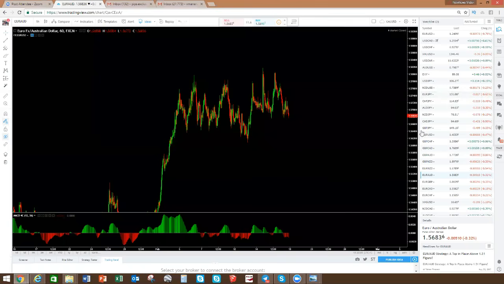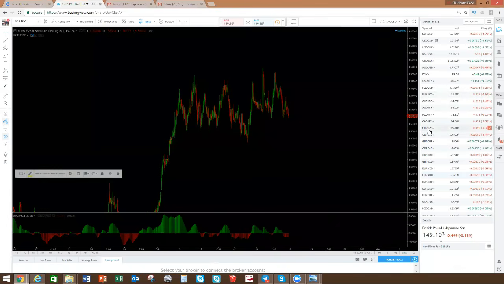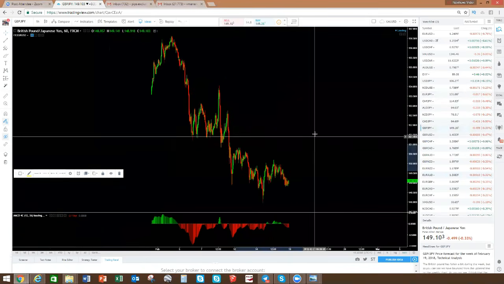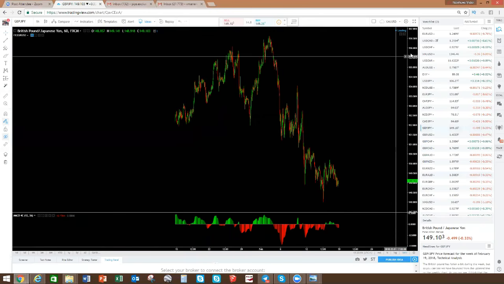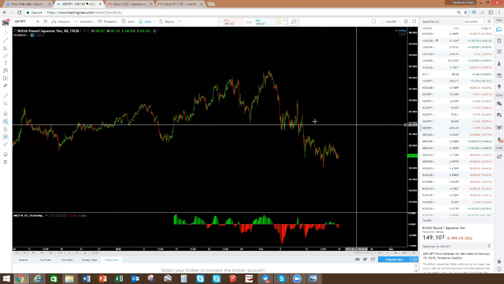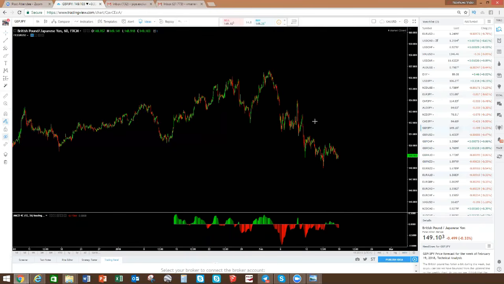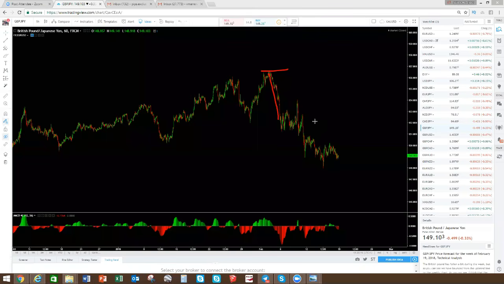Pound JPY, we missed. Let's go pound JPY. Right, so pound JPY. This is the last swing high here. From there, it made a 1, 2, 3 up to this level.